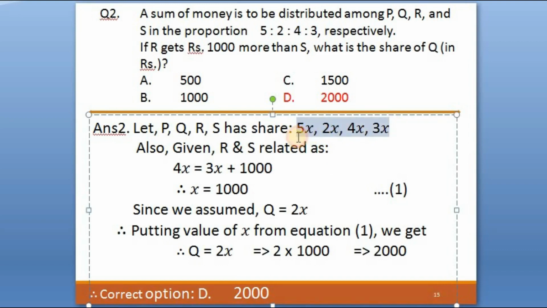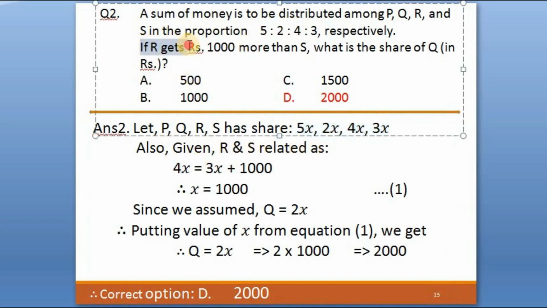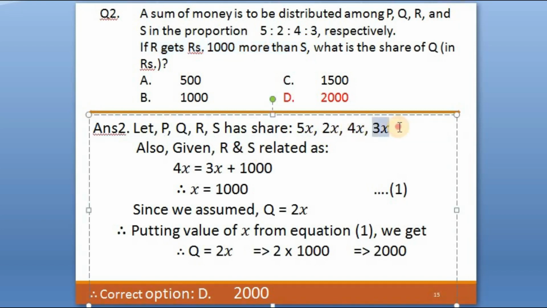Now also given that R and S are related as, since the condition is given as R gets 1000 more than S. So if S is getting 3x, then R is getting 4x. So the relation between 4x and 3x is 4x is equal to 3x plus 1000.